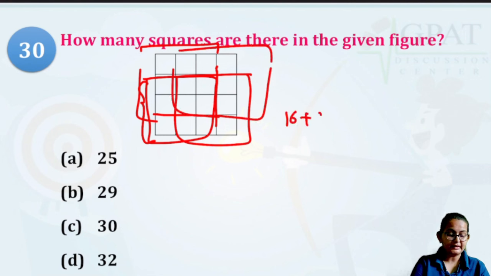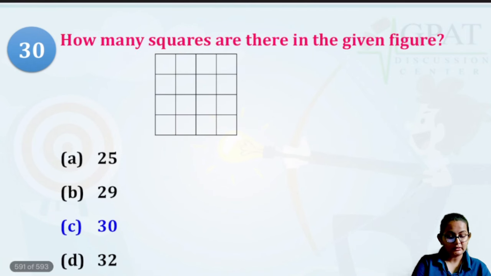So 16 plus 9 plus 4. How many? 16 plus 9 plus 4. It could be 15, 10, 25, 29 or what? 30 should be the answer.